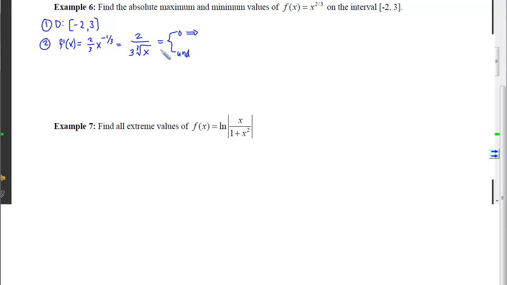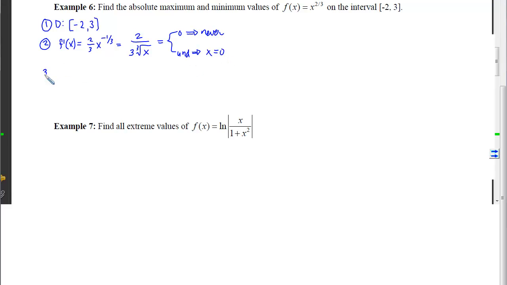Fractions equal 0 only if the top equals 0, and there's no x in the top. So I will never have a horizontal tangent line on the graph of this function. I will, however, have a problem at x equals 0 because that will cause me to divide by 0. And notice that 0 is still in the domain, so x equals 0 is a critical point.